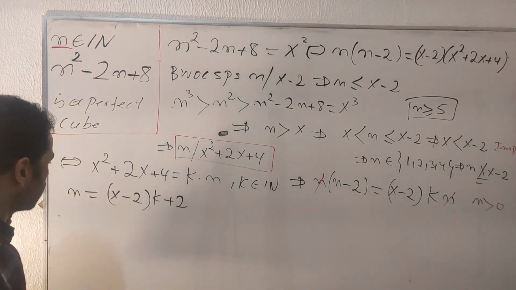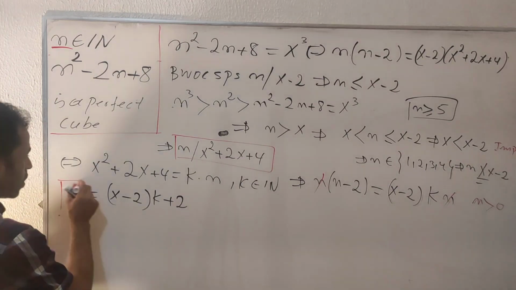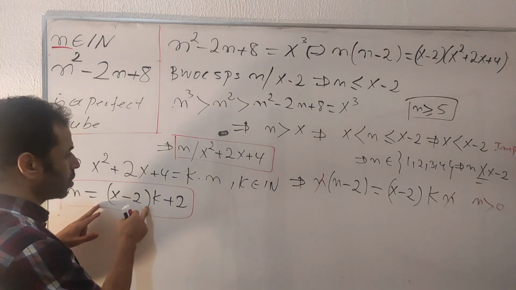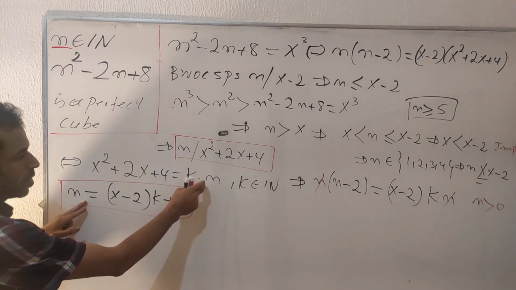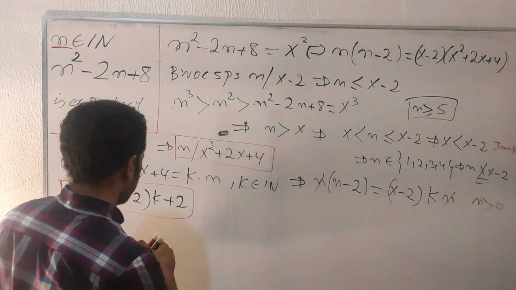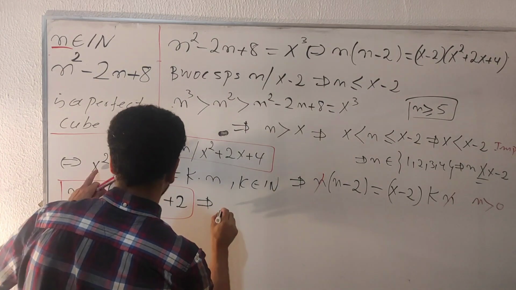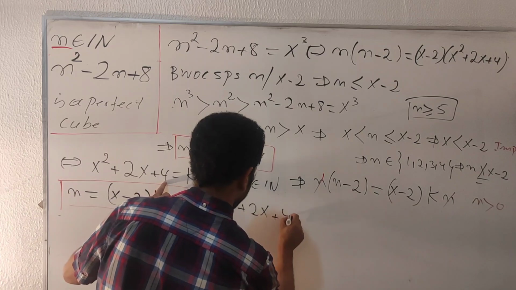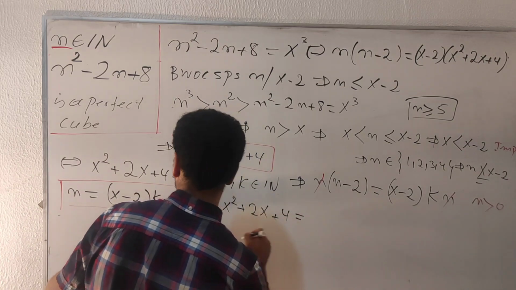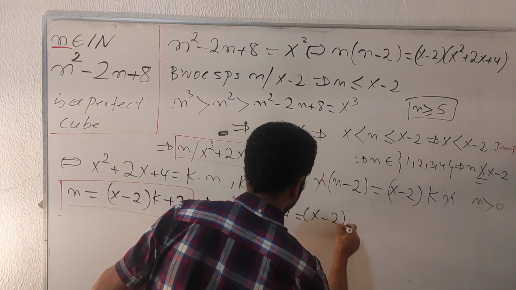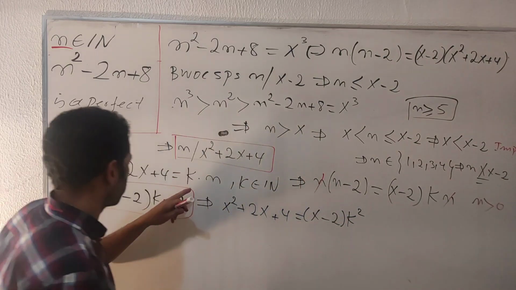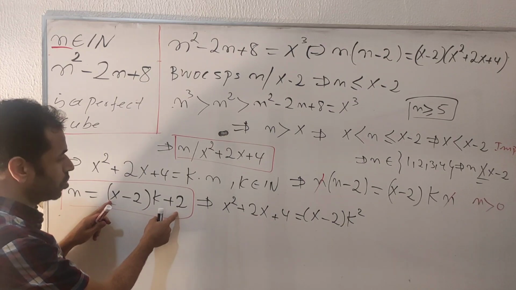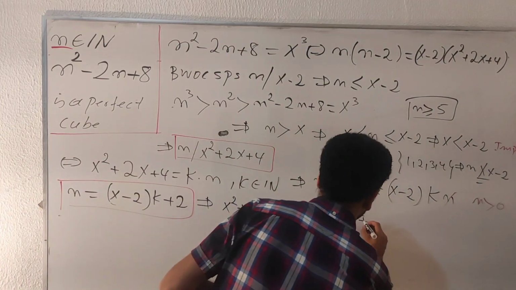Then I have this nice expression here. I'm going to take this expression and plug it into this one. I get x squared plus 2x plus 4 equals x minus 2 times k squared plus 2k, because I'm plugging in n, so k is multiplied by this expression.